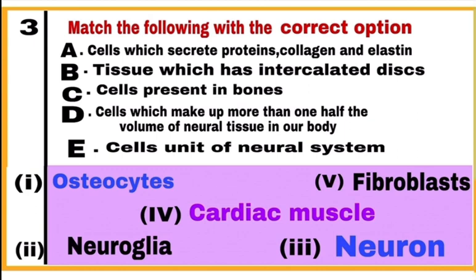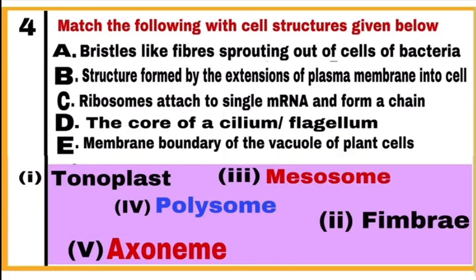So here A matches with 5 fibroblast, B matches with 4 cardiac muscle, C matches with 1 osteocytes, D matches with 2 neuroglia and E matches with 3 neuron. Number 4. Match the following with cell structures given below.